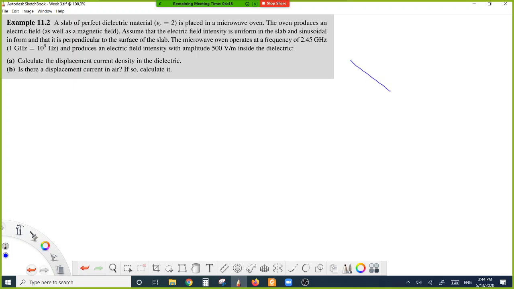We are given a slab of dielectric which is placed inside the microwave oven.